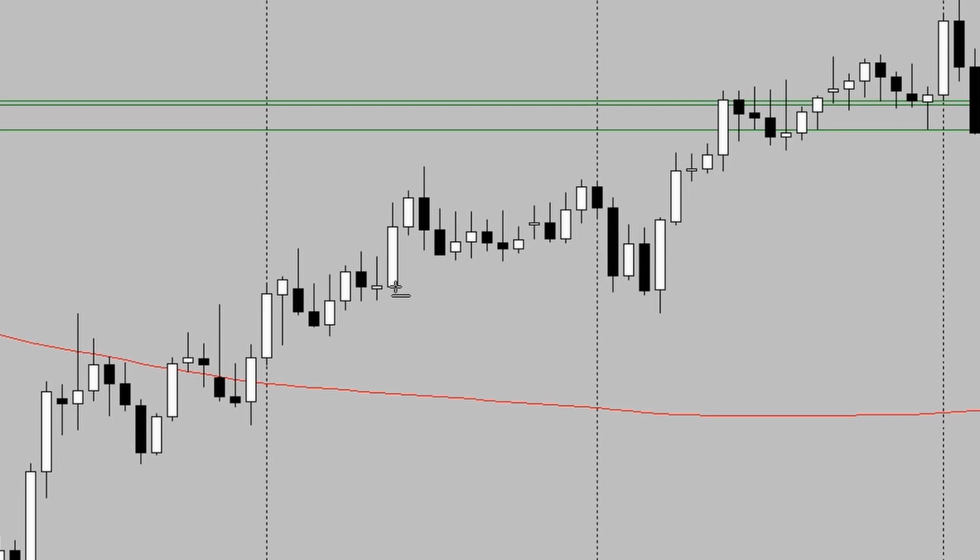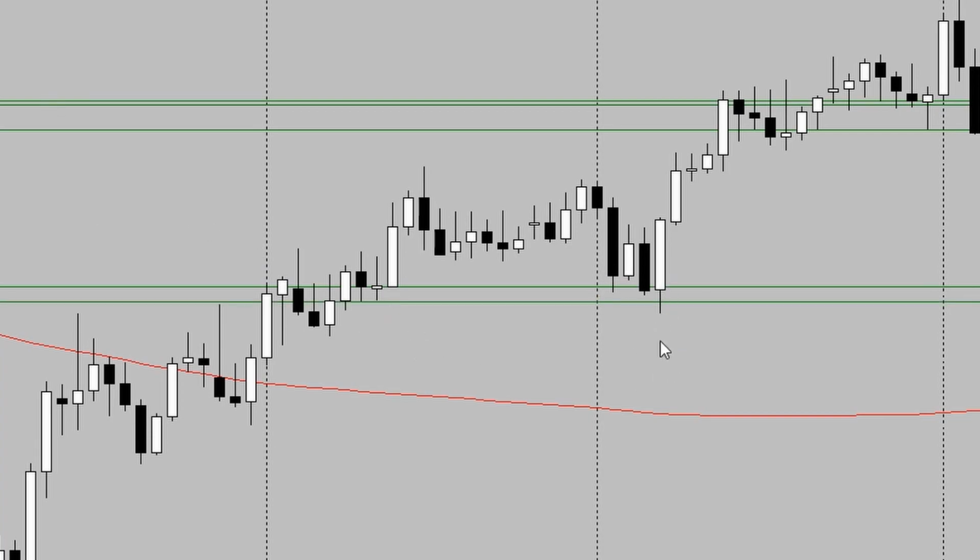Okay, that's the breakout line, all right? But we also have the possibility of the creation of a swing over here. So let's place another line. And there you go. We have a very significant development here that I'm going to discuss in a second.